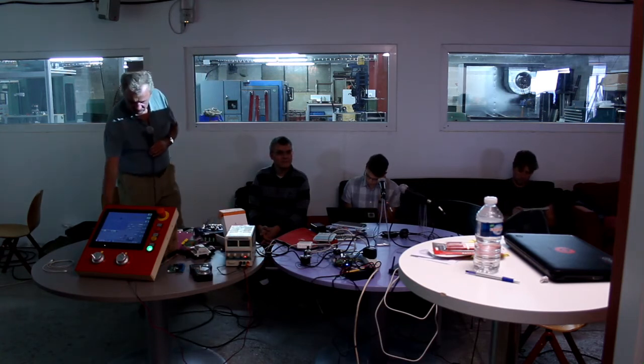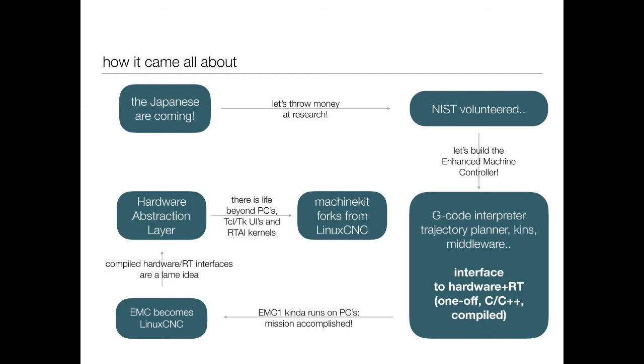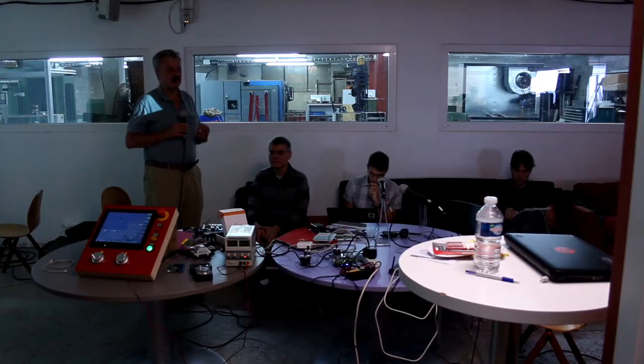That was the National Institute of Standards, which also does software research. It's in Maryland. They took the money and proposed to build what became a prototypical CNC application, back then called the Enhanced Machine Controller.